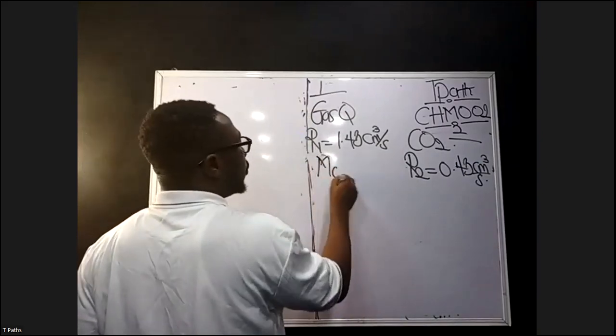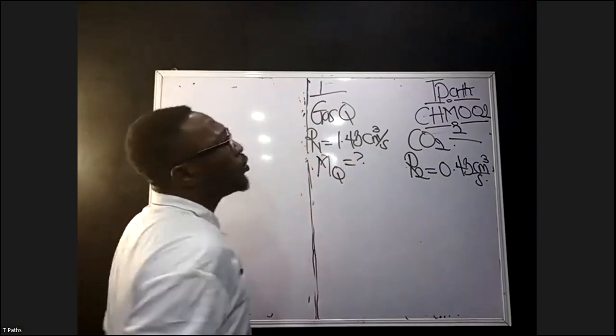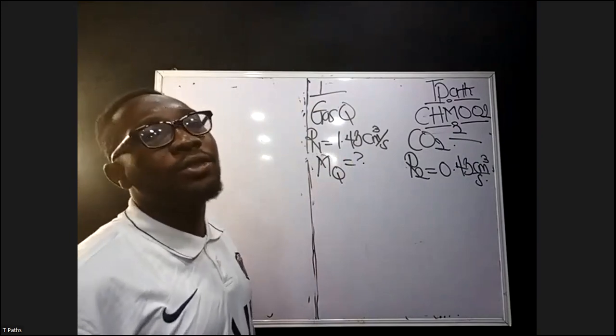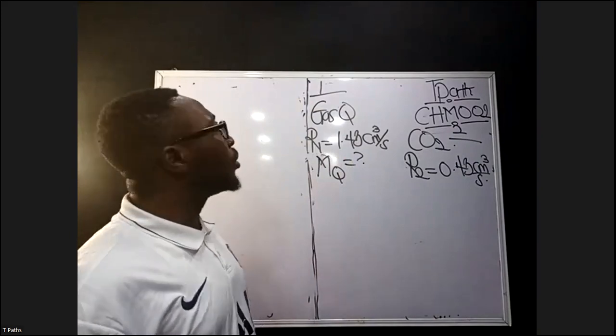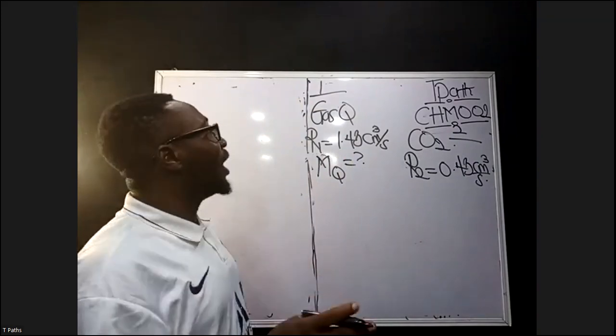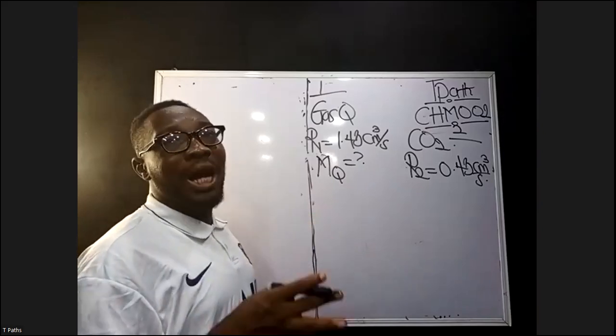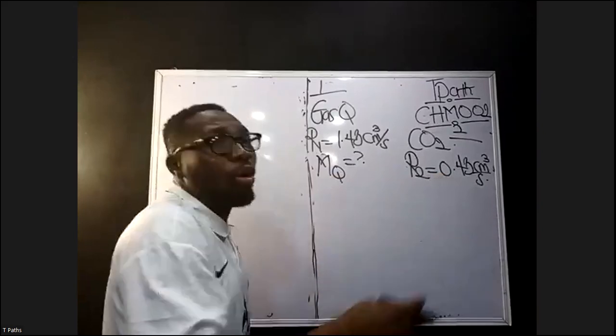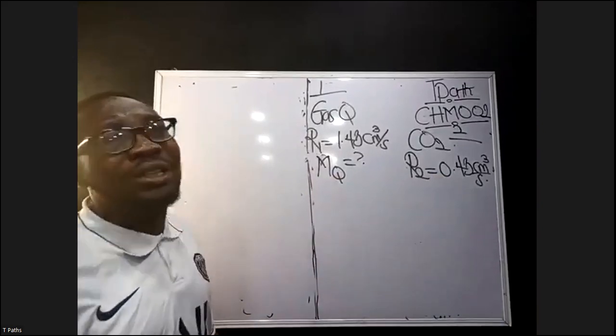Now, we recall Graham's law of diffusion. It states that the rate of diffusion of a gas is inversely proportional to the square root of its vapor density.